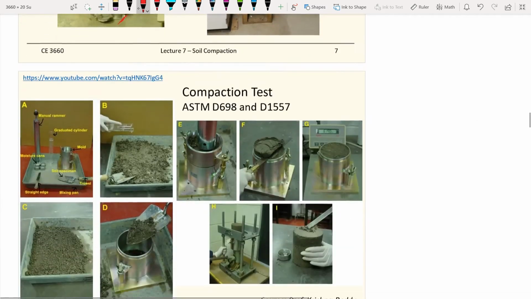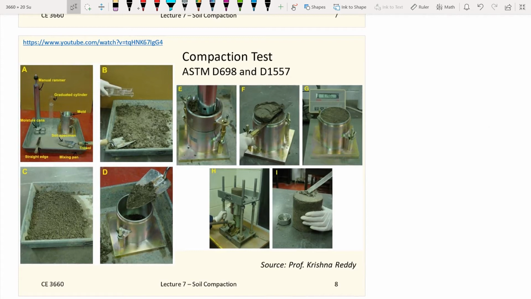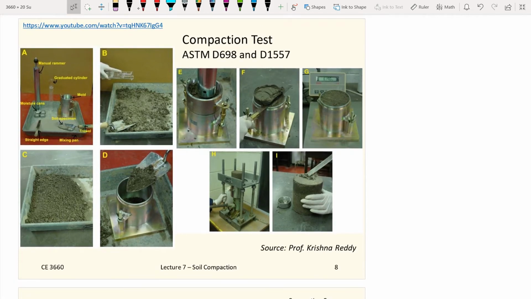And here are some details of those tests. One important parameter that we want to obtain is the unit weight, and the definition of the unit weight is the weight over the volume.